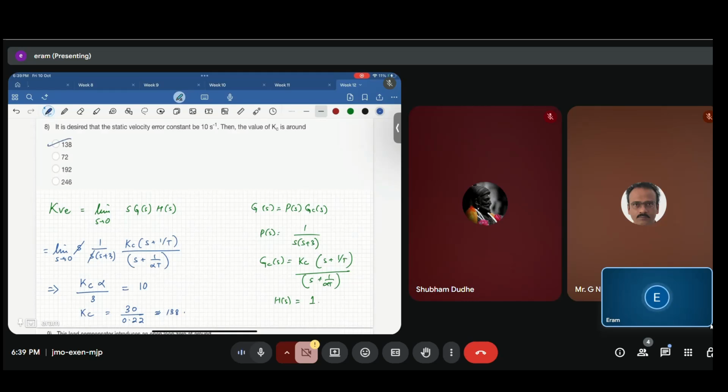So this is how you can calculate all the parameters of the compensator using the design specification. For that you need to remember how these design parameters are calculated and how they are related to the specifications of the Bode plot or Nyquist plot, etc.